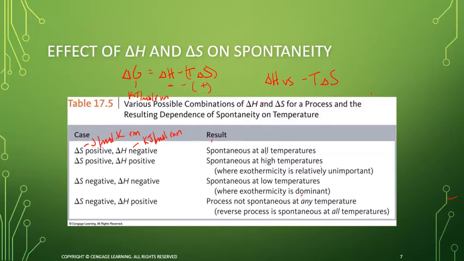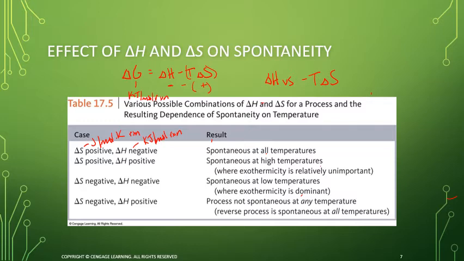I could have a second scenario where I still have delta S being positive, but now I have the delta H as a positive as well. So when we talk about that spontaneity, from an enthalpy standpoint, the more favorable process is the exothermic process, but from an entropy standpoint, the more favorable process is a positive process.